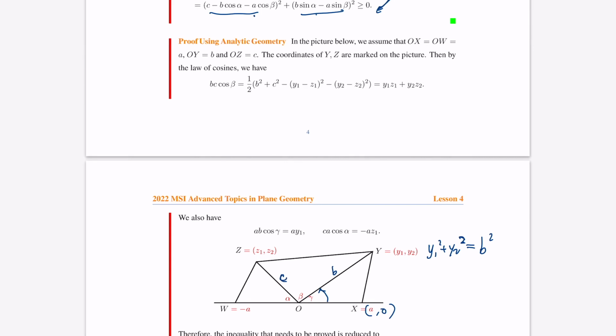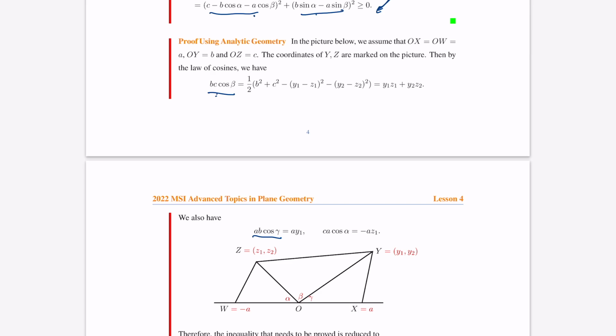So now let's interpret this geometry picture. The left hand side is equal to a squared plus b squared plus c squared. I don't do anything. But the right hand side is interesting. So what is AB cosine gamma? We have three terms: AB cosine gamma, CA cosine beta, and BC cosine alpha. So let's figure out what they are.